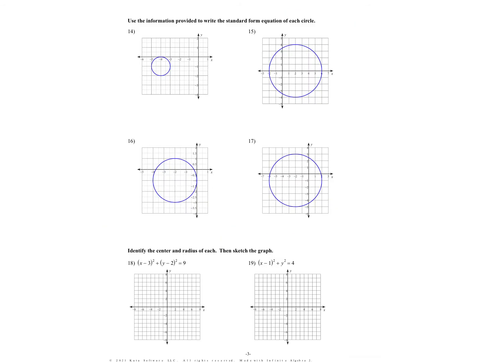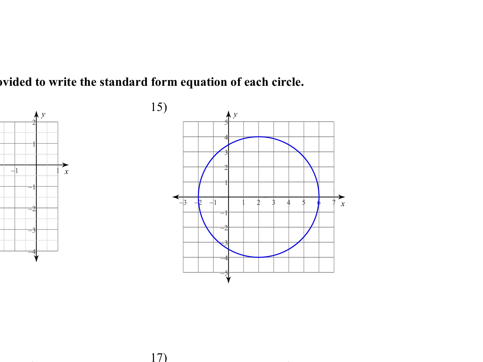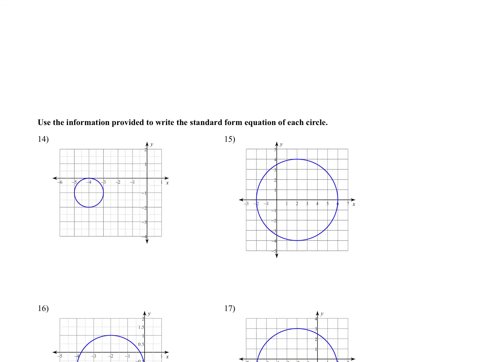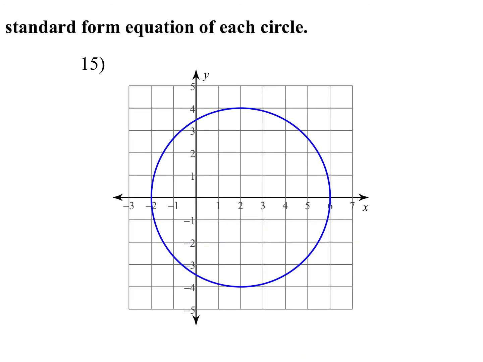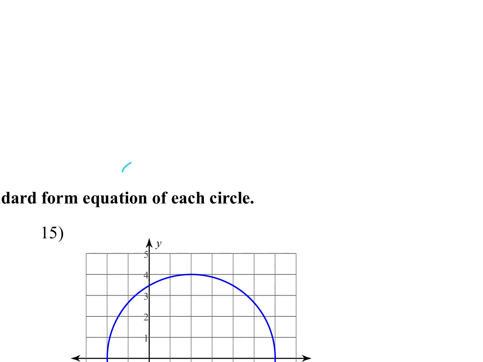Alright, next page. We're moving on to circles. So we're still sticking with the right side of the page even though it's odd numbers now. But use the information provided to write the standard form equation of each circle. So our standard form equation of a circle for any circle is x minus h squared plus y minus k squared is equal to r squared, where our center is h comma k.